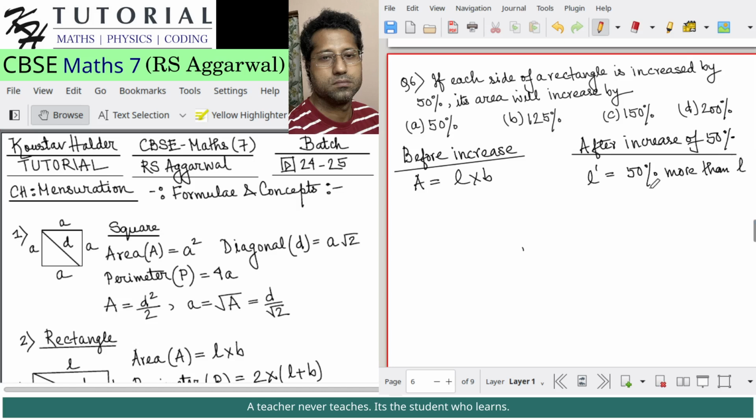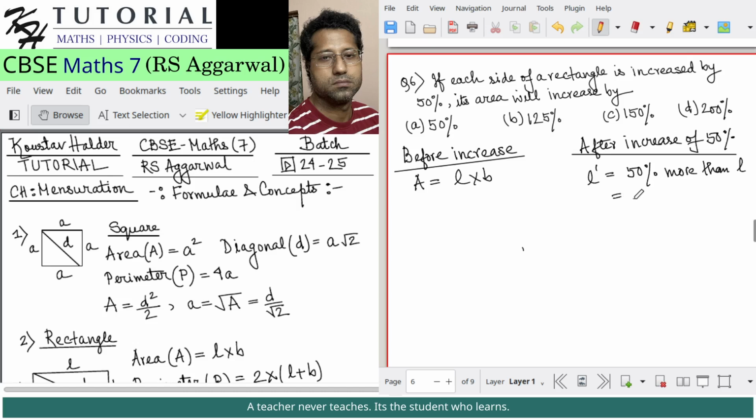L. Now here you will have to use your concept of percentage. When some quantity is increased by 50%, it means that the new value becomes 50% more than the original one.